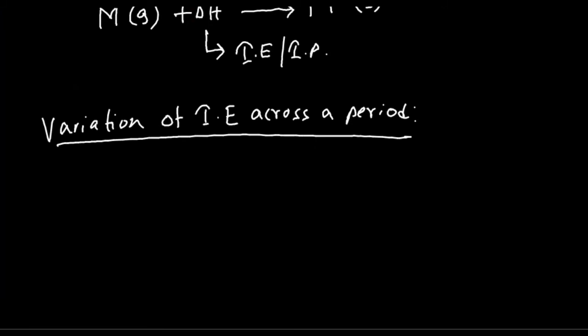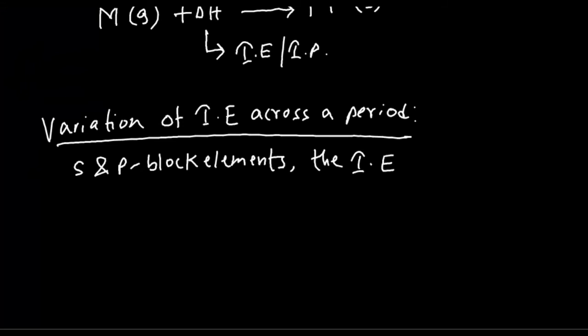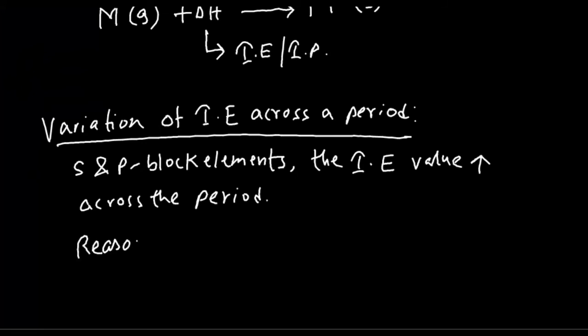For representative elements, that is for s and p block elements, what we will observe is that the IE value increases across the period. What is the reason behind that?